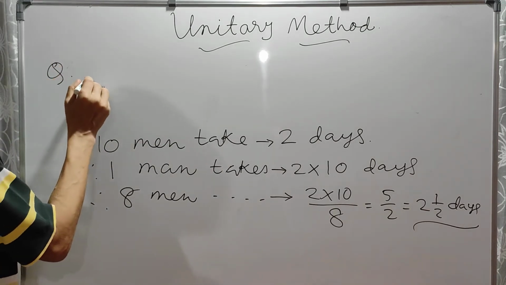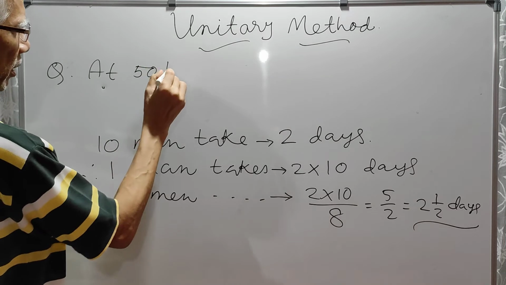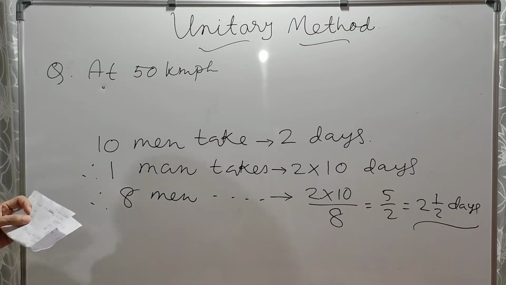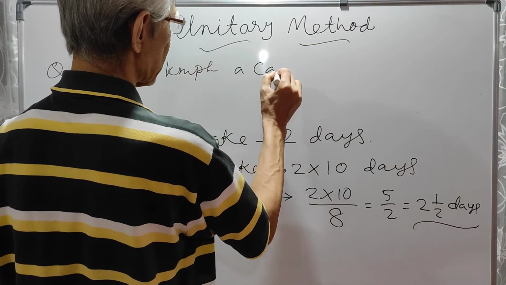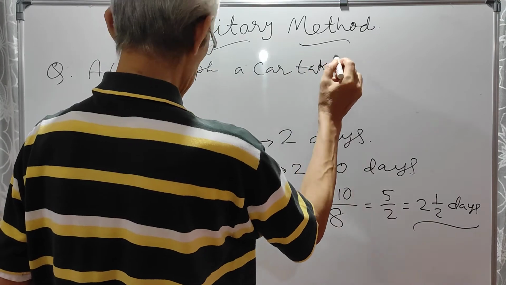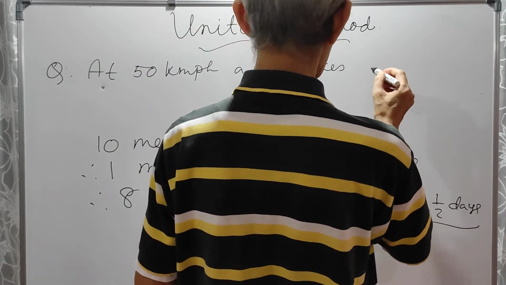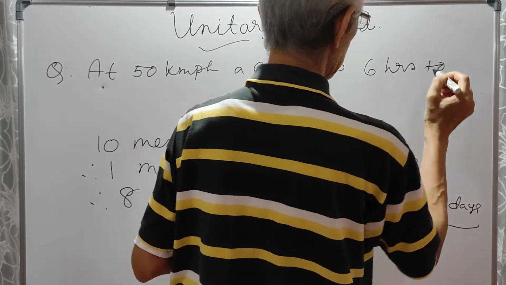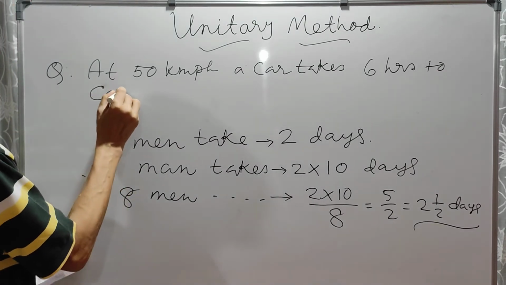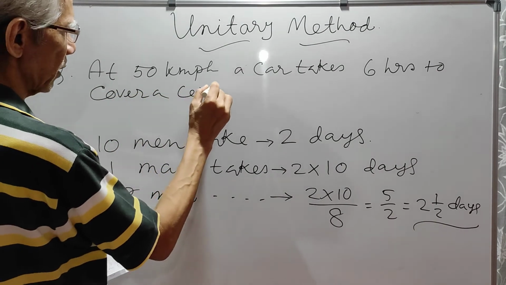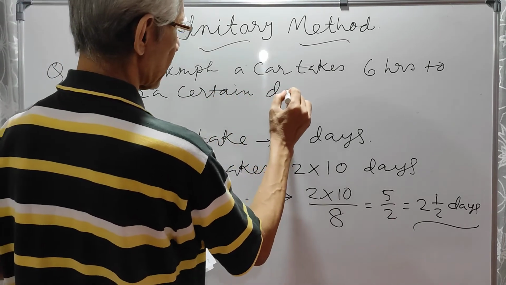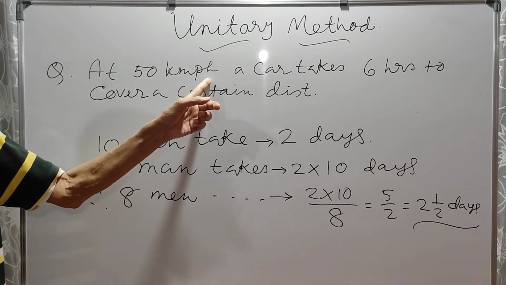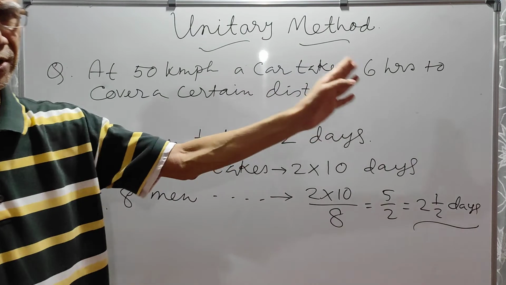Traveling at 50 km per hour, this is a speed, 50 kmph, kmph means kilometer per hour, a car takes 6 hours to cover a certain distance. So the car is moving at 50 km per hour and takes 6 hours to cover a certain distance.